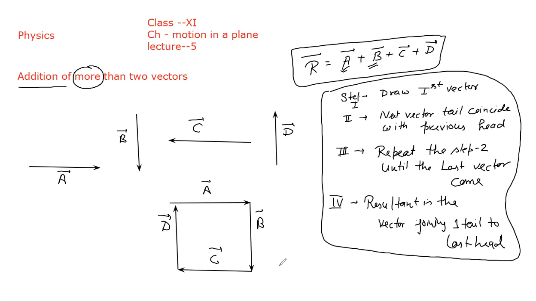Okay, so we will take another example so that this concept is clear to all of you. Suppose vector A is in this direction, vector B is in this direction, vector C is in this direction, and vector D is in this direction.